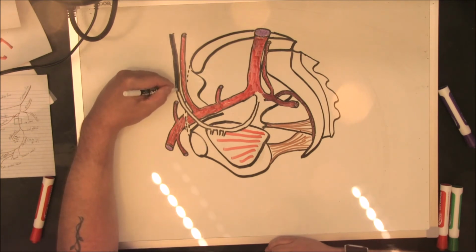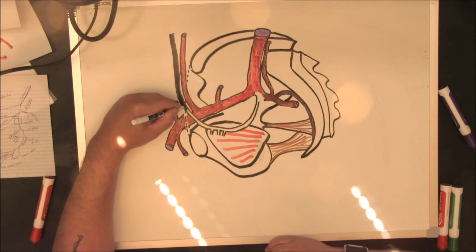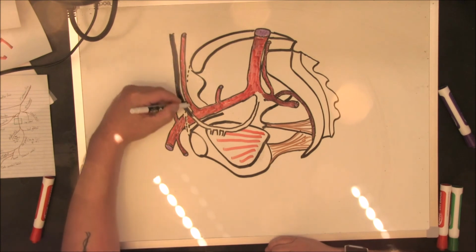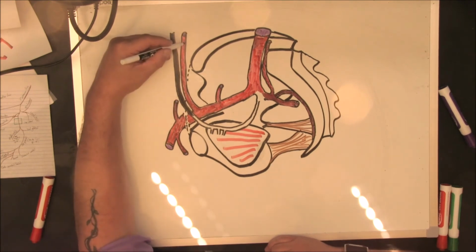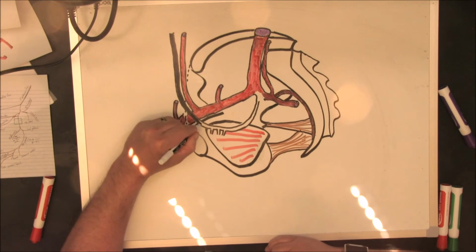And the fold that's still visible covering this artery is called the medial umbilical fold. And no big surprise, the fold of peritoneum covering the lateral side here, the lateral umbilical fold, is covering the inferior epigastric artery.